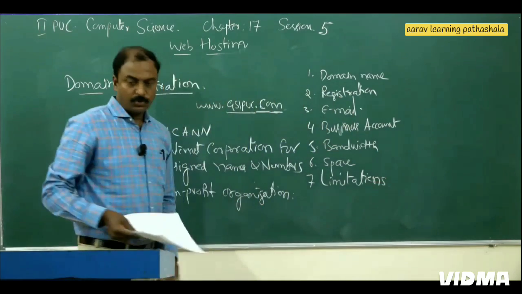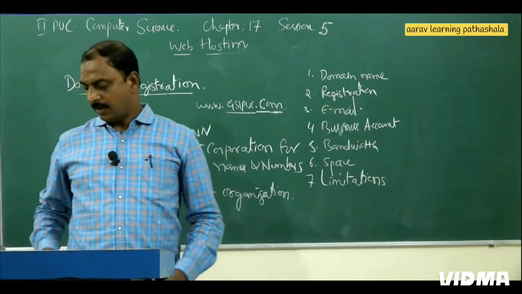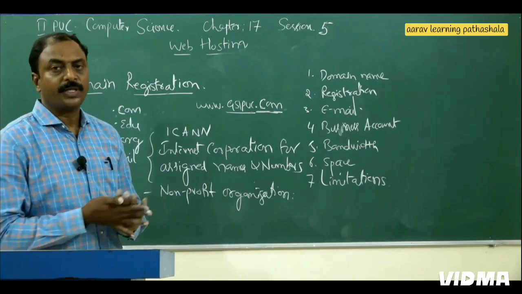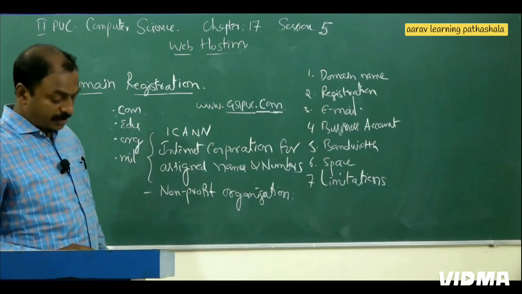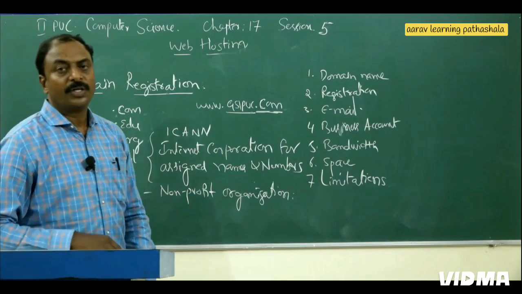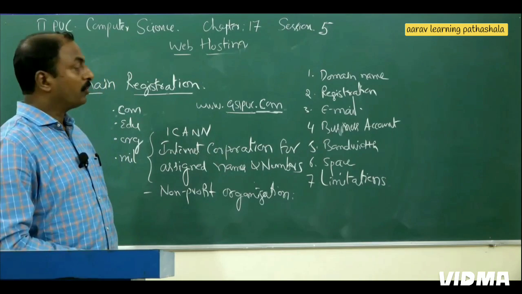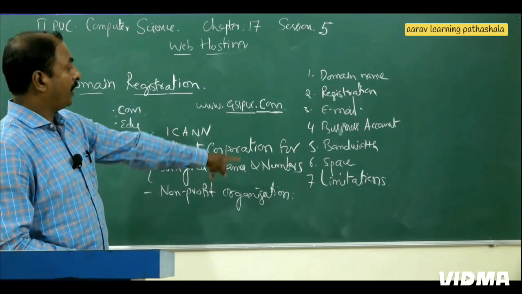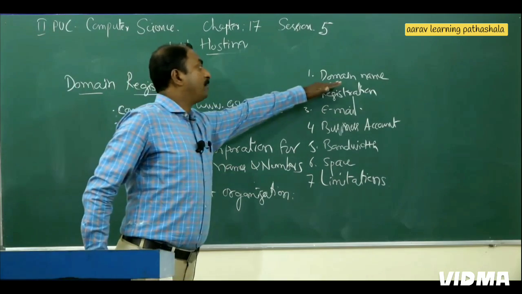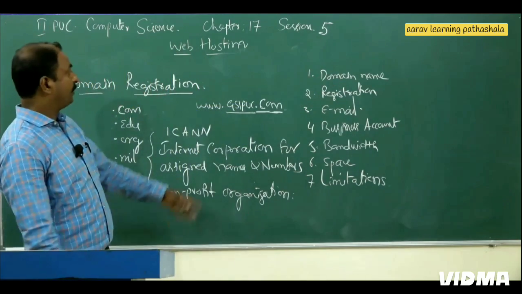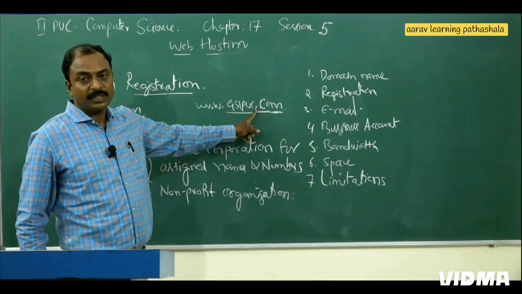So students, let me explain a few things about domain name registration. Whenever you want to go for registration of a website, we have to think of the following 7 points. First of all, I would like to know what name I have to give for my website. For example, JSIPUC, this is the name we have decided here.